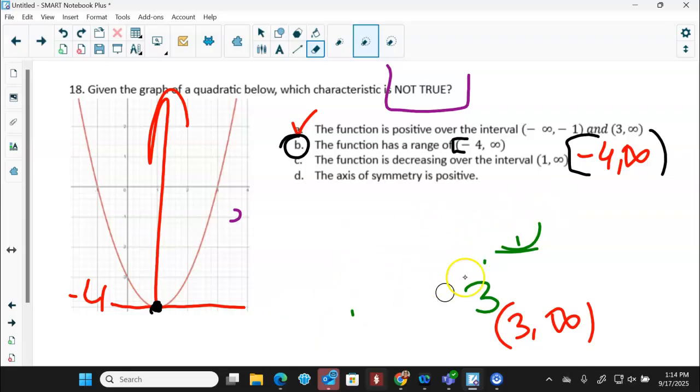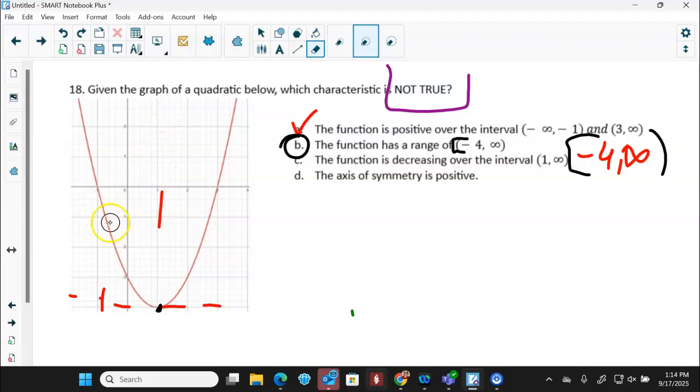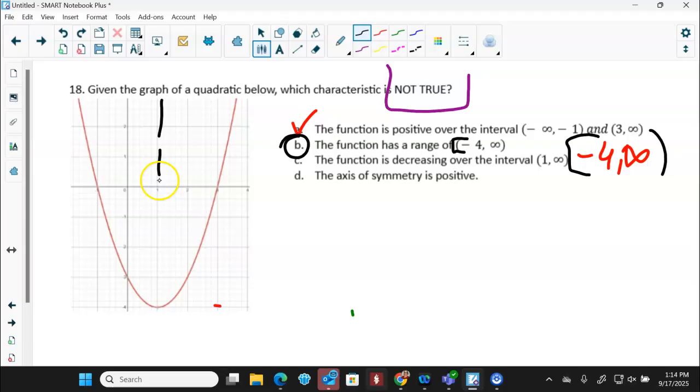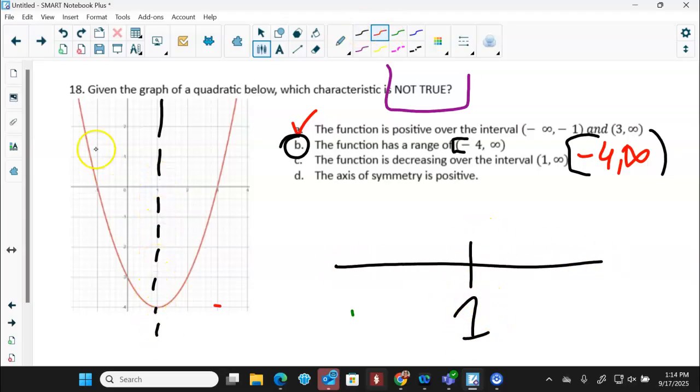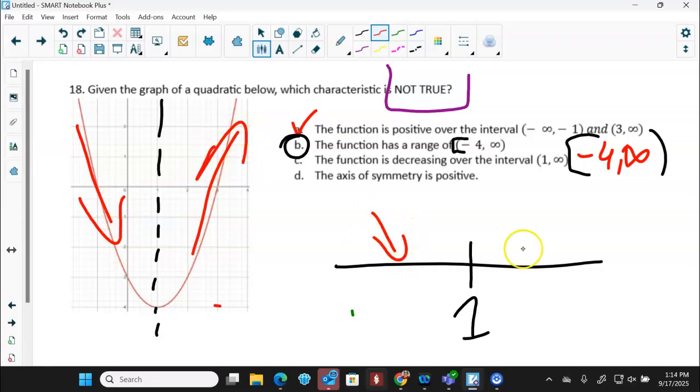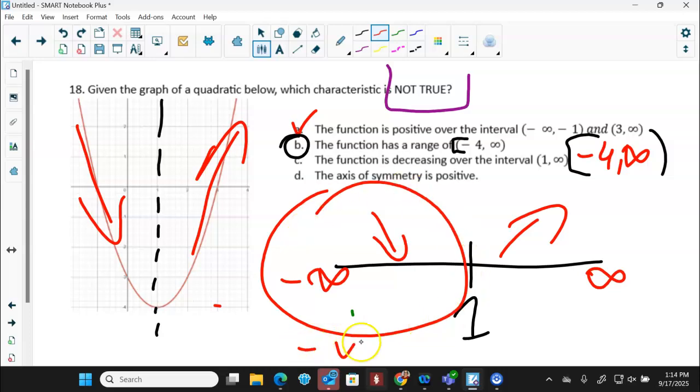So function is decreasing. So once again, remember decrease, increase, it's your axis of symmetry. So we're going to find the middle of the function, which is right here at 1. And on the left side of the function, I go down. On the right side of the function, I go up. Again, infinity to infinity. So decreasing would be right here. So again, negative infinity to axis of symmetry.